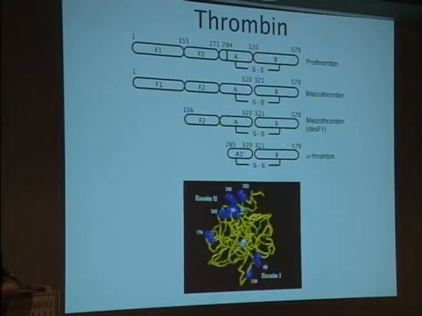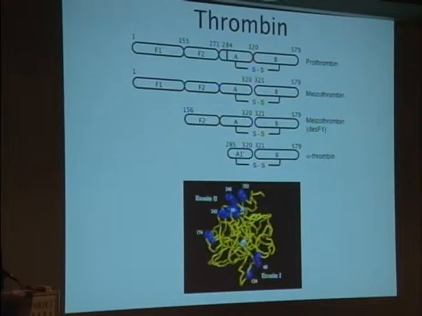The generation of alpha thrombin, which is the major activator of PARs, protease activated receptors, and the protease that cleaves fibrinogen and fibrin, proceeds through some intermediates which also have some activity. My laboratory concentrates on factor 11, for instance. These intermediates, meizothrombin and meizothrombin desF1, in addition to alpha thrombin, can activate factor 11, so it can start the ball rolling even before you have full alpha thrombin generation.